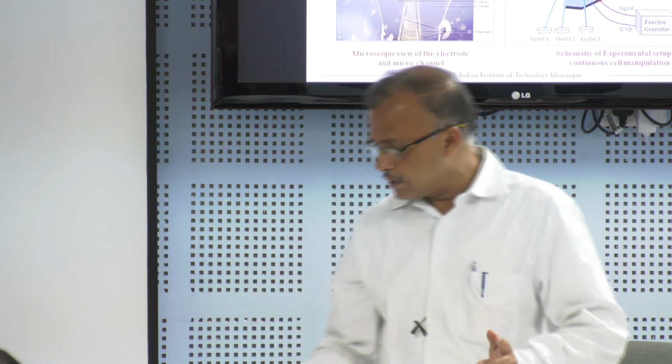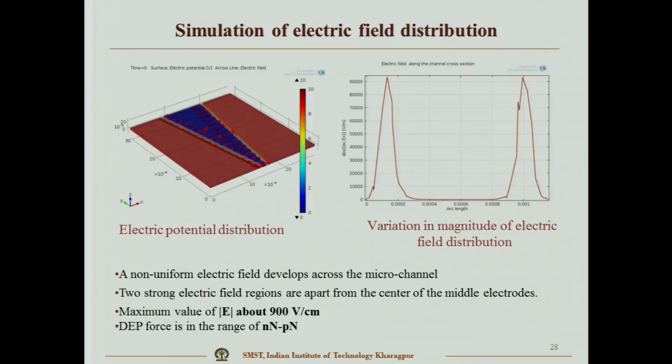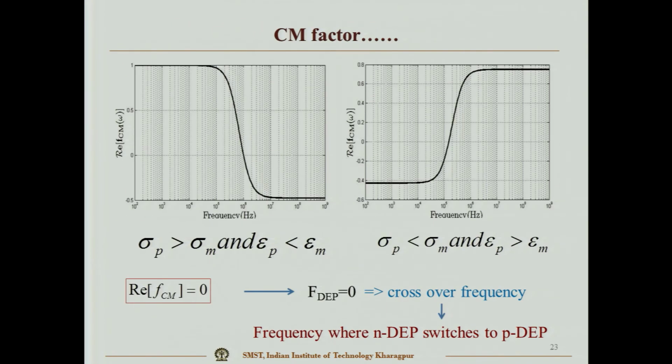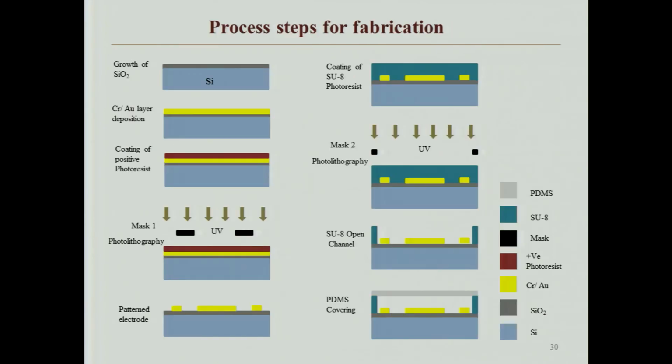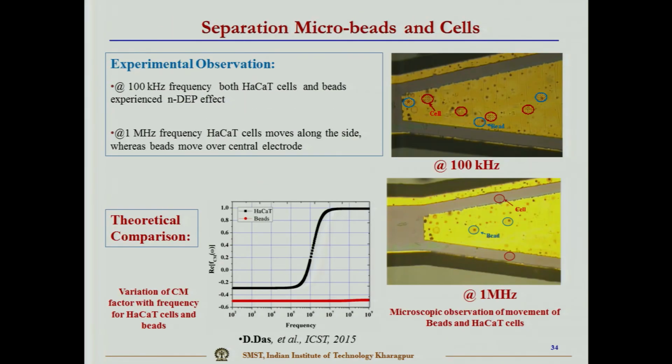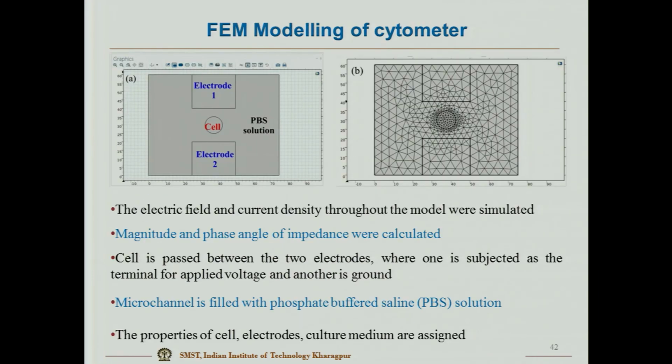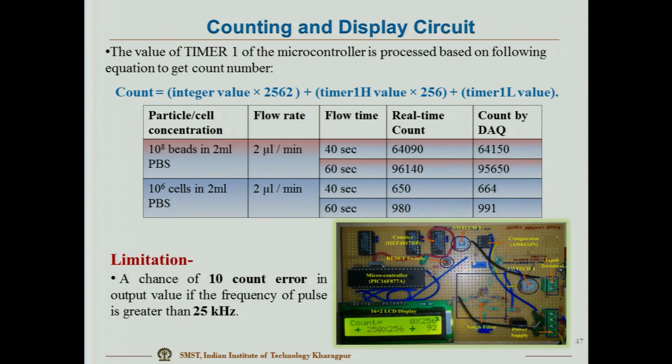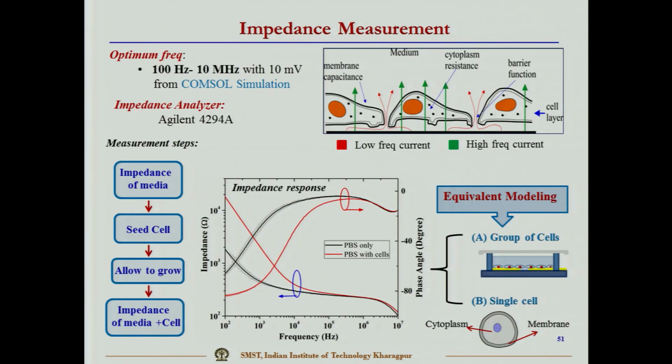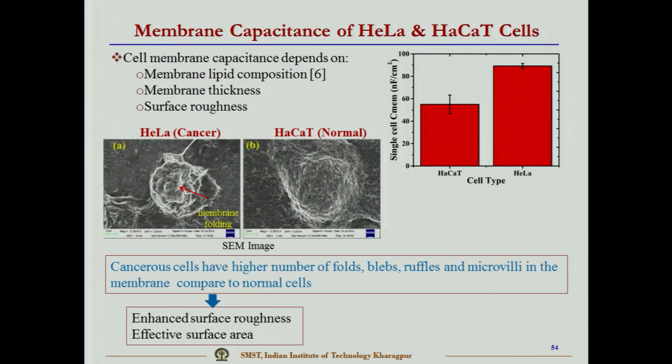Probably I have not put any slides on the resistance value, but it will also change. This is the capacitance change. I have shown for the HeLa cell it is 100, and for the HaCaT cell, which is the normal one, it is about 50. The higher capacitance value is due to the higher surface area due to the roughness of the cell membrane.